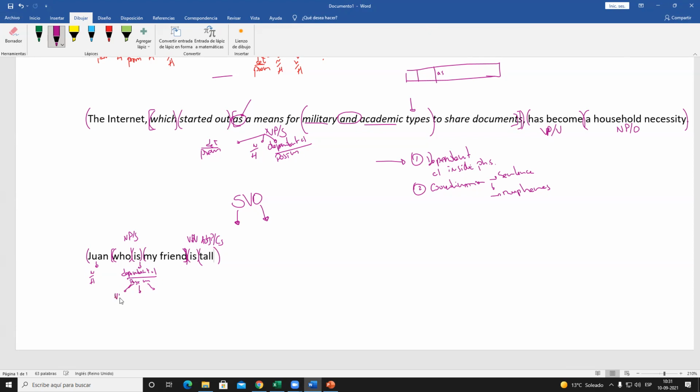Who is the noun phrase subject made out of a pronoun head. Therefore, in that example, who is a relative pronoun. Why? Because it's replacing the entire noun phrase subject of a dependent clause. All the rest is just like always.